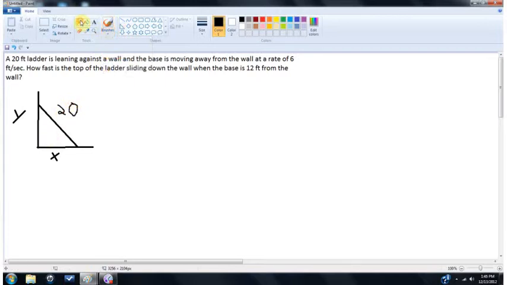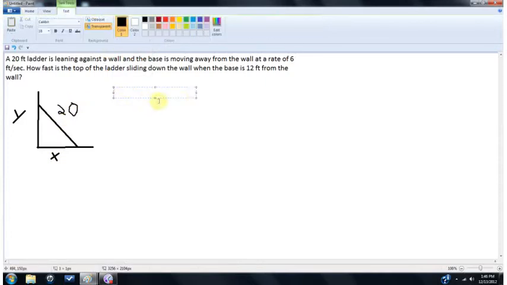So since we have a right triangle, we are going to use the Pythagorean theorem. So that would be x squared plus y squared equal to z squared.